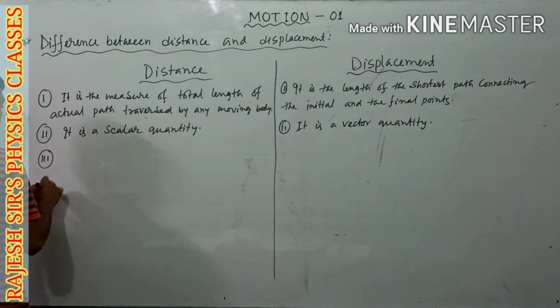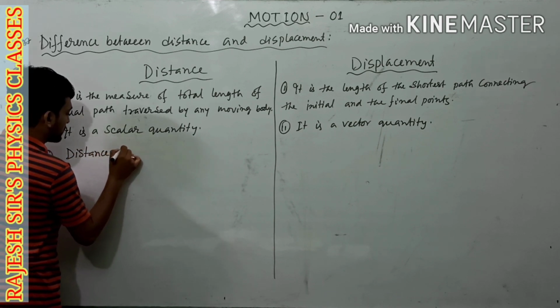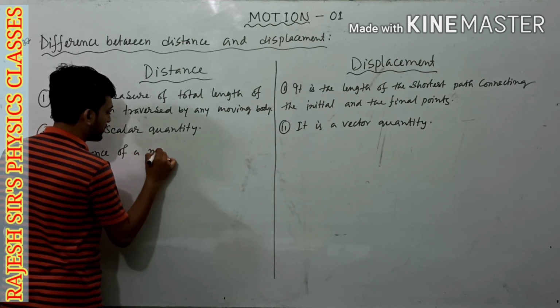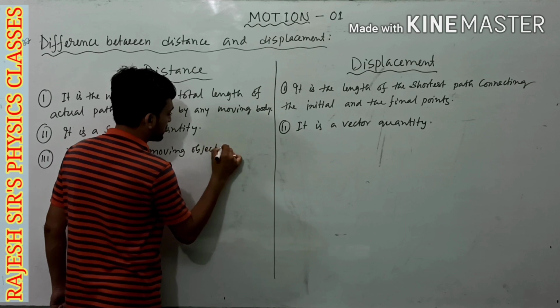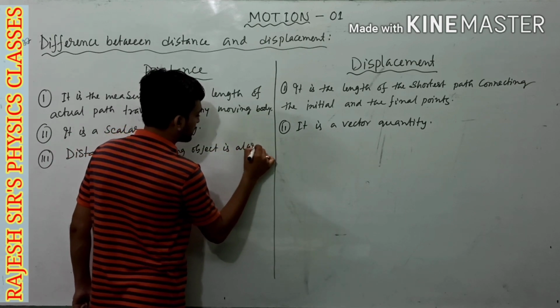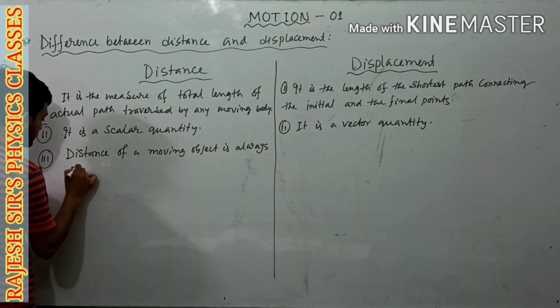Number 3, distance of a moving object is always positive.